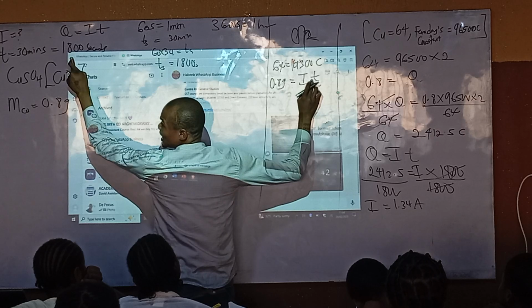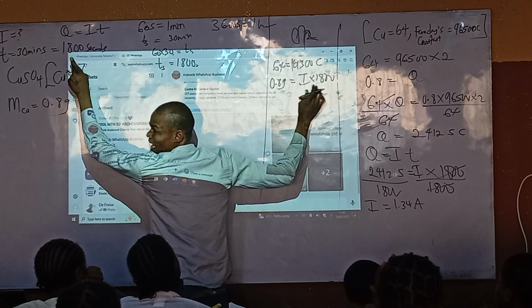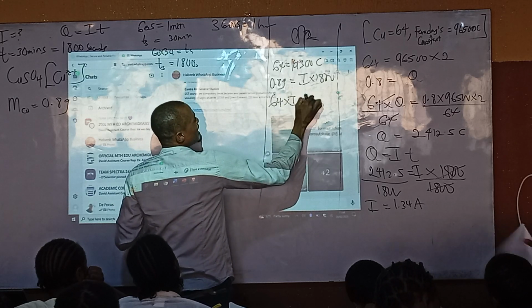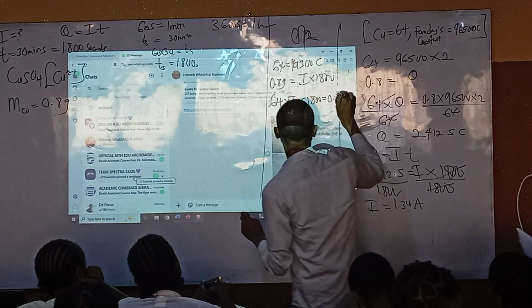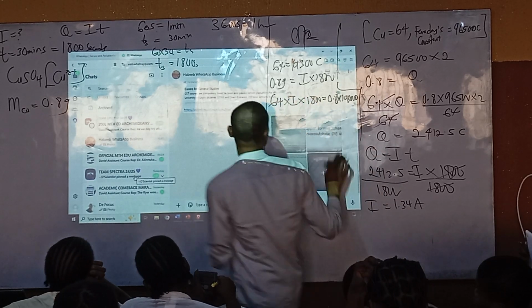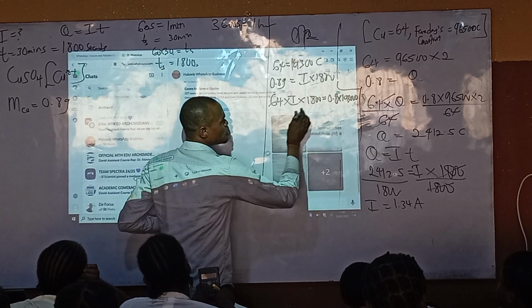So this T here changes to 1,800 seconds. So cross multiply: 64 times I times 1,800 equals 0.8 times 193,000.